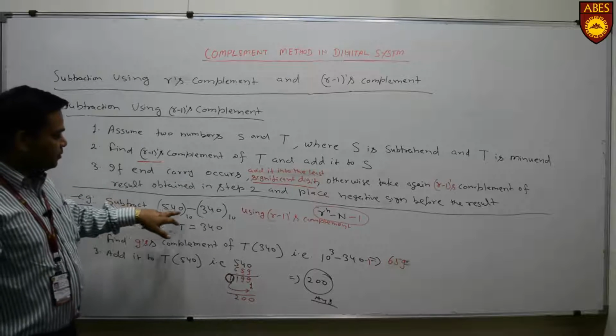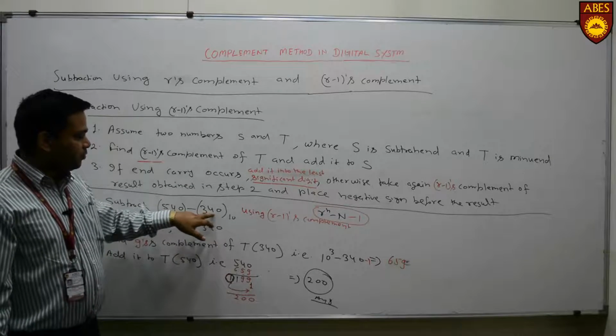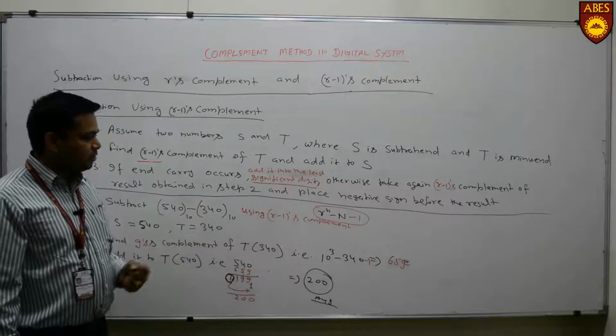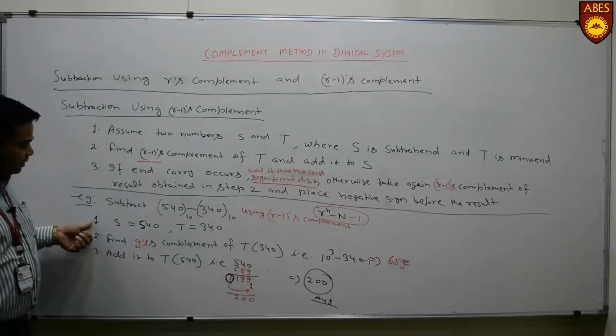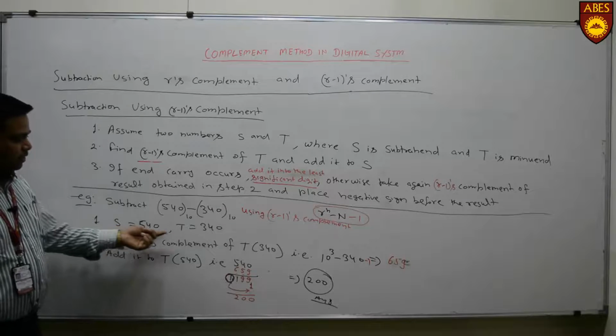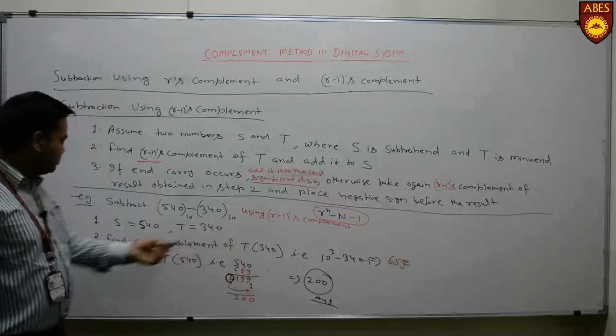Subtract 340 from 540 using r minus 1's complement, that is the 9's complement method. According to step 1, s equals 540 and capital T equals 340.